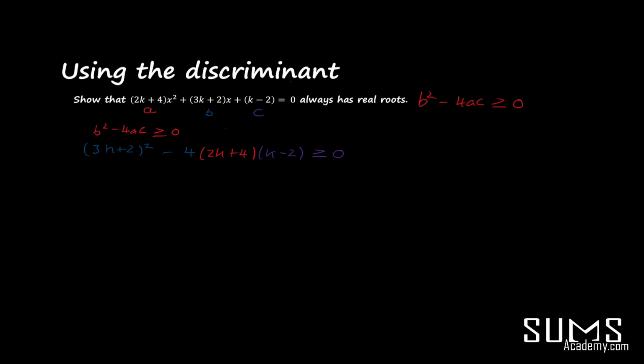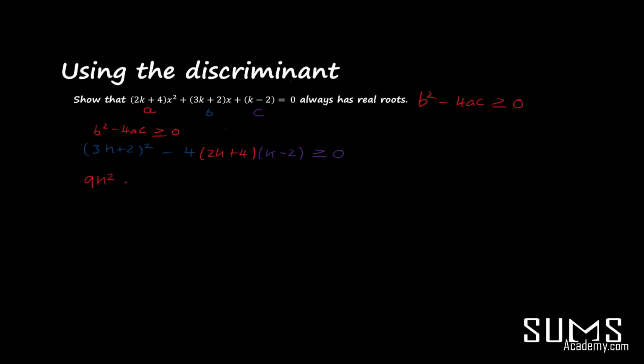Okay, so I'm going to switch back to one color for the moment, but you can see where the different coefficients come from. So this bracket, well, 3 squared is 9k².